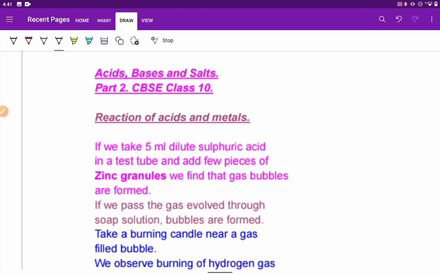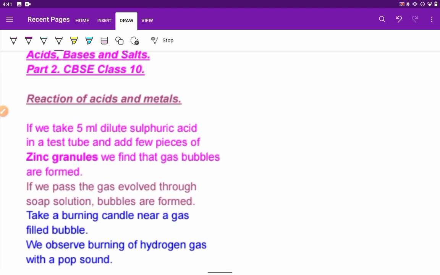So students, we have already seen that acids are those compounds which produce hydronium ion. For example, H2SO4 will ionize to give 2H plus and SO4 2 minus ions. But H plus cannot exist independently.